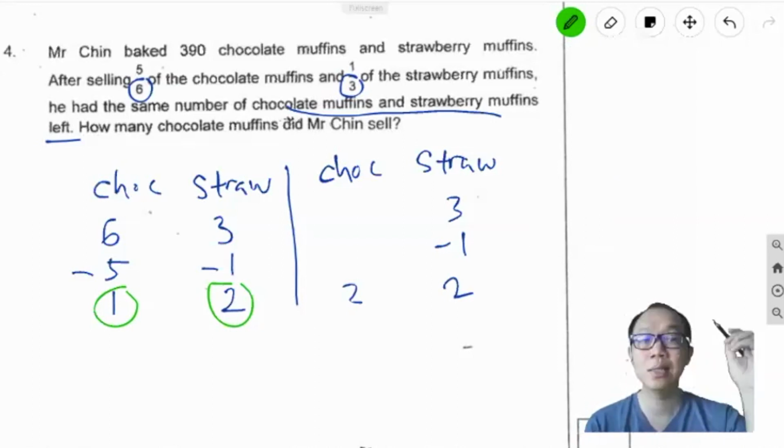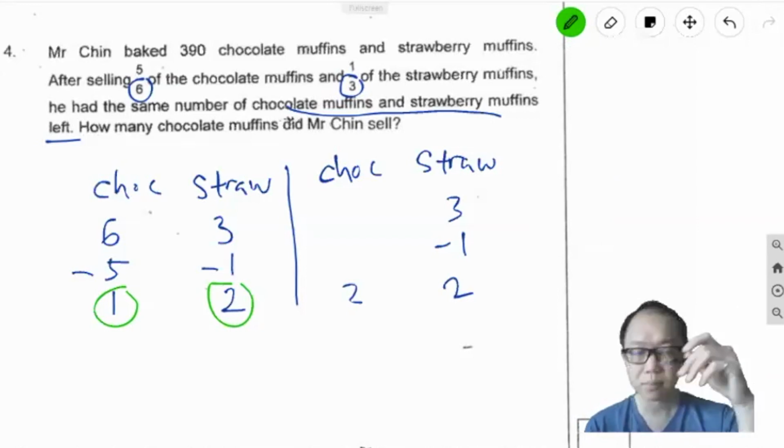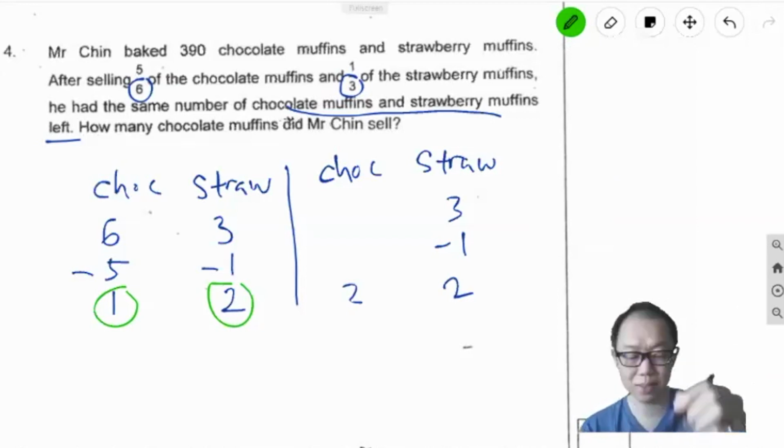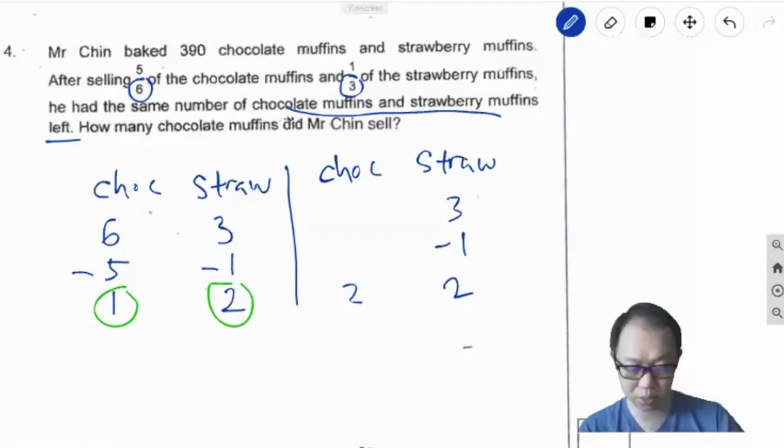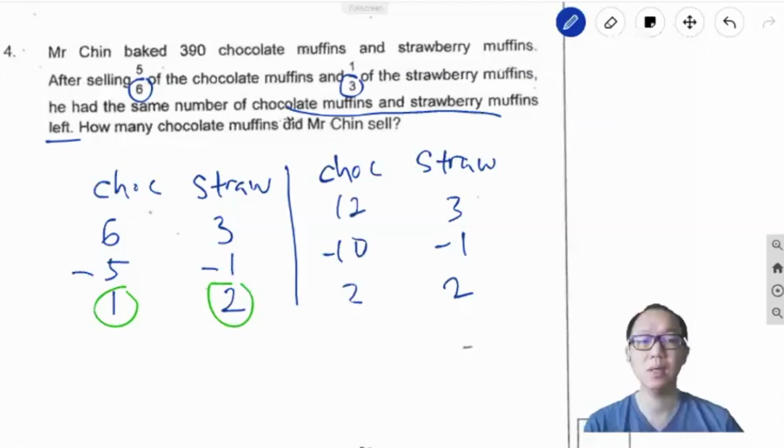They are saying afterwards it became the same, not now, right? After selling the food, it became the same. So I got to times 2, which means here is minus 10, and this is 12. So for the chocolate, my ratio is 12 minus 10, I get 2.